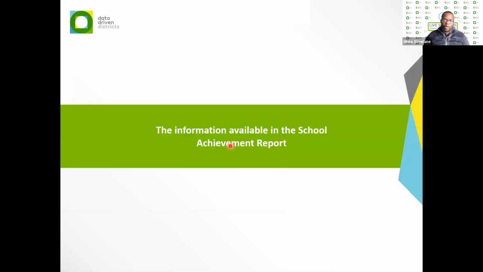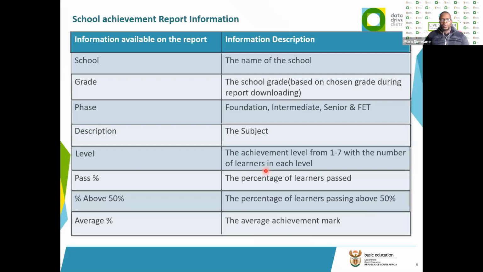The information available in the School Achievement Report is the next part that I want to cover. I want to introduce us to the labels on that report. It's important that we familiarize ourselves with these labels, especially if we're going to do selection, filtering and ordering so that we see the information more relevant to us.